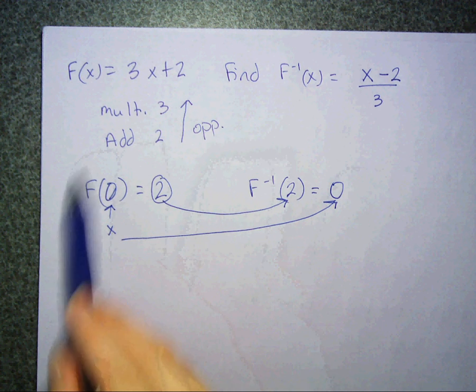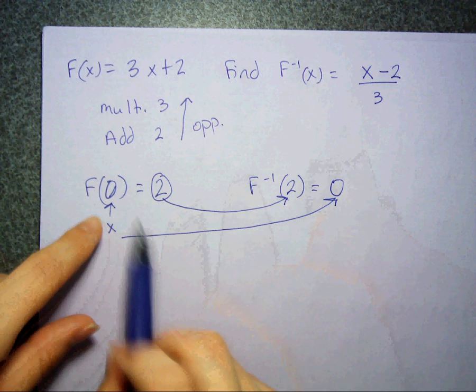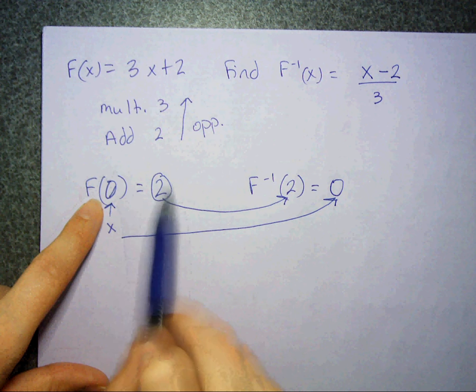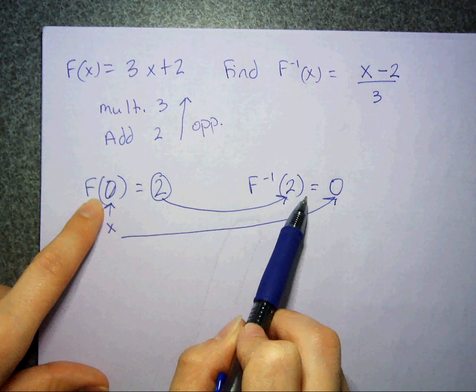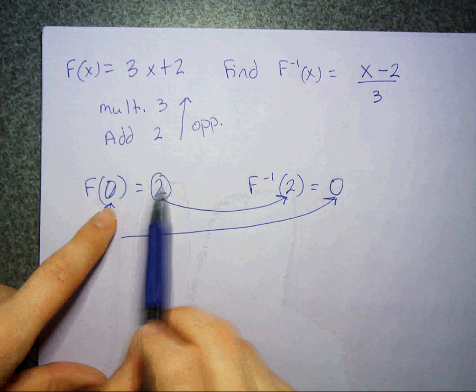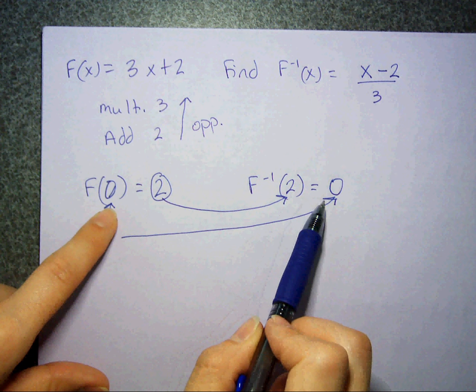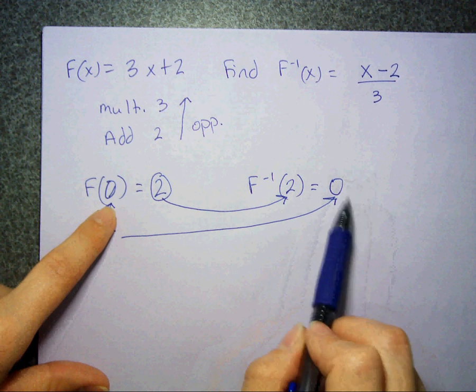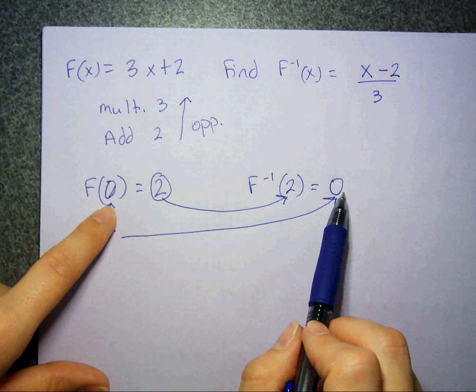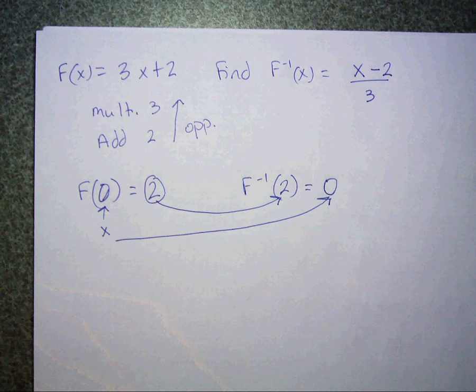I'm sticking the thing I got from f into f inverse. Isn't that what a composition does? Plugs it in. When I plug my function into my inverse, I get the original value back out. What value was this? An x value or a y value? An x value, right? So if I compose two functions that are inverses, I should get x back out.